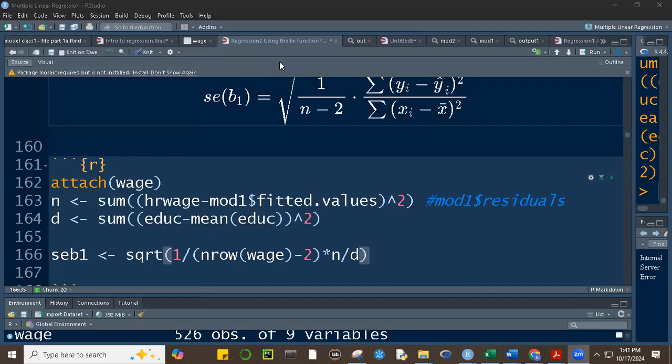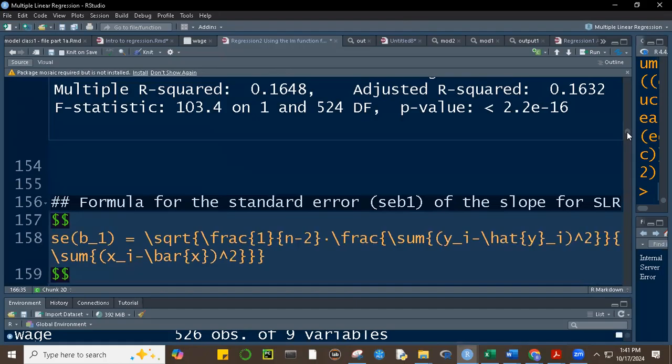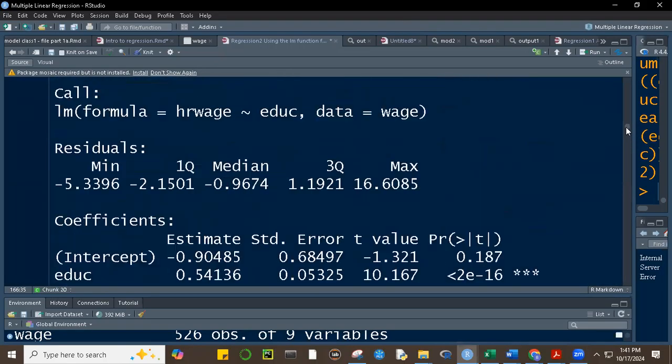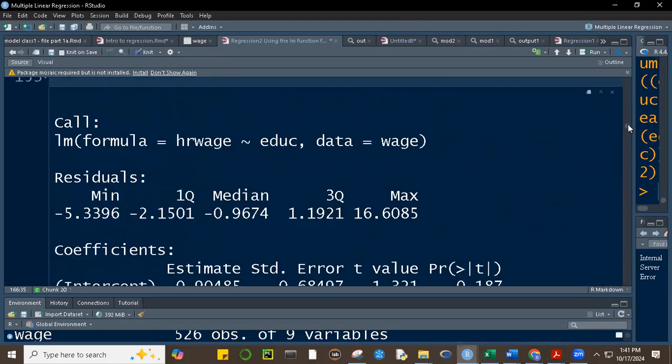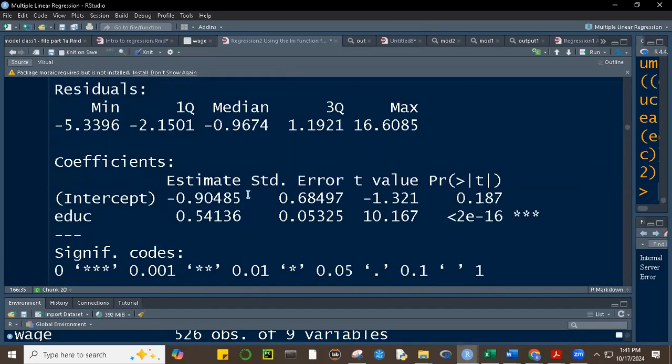Good, good. So we were able, class, to show that you can compute the standard error given this formula. The standard error of the intercept, class, is a different formula, different from the standard error of the slope.